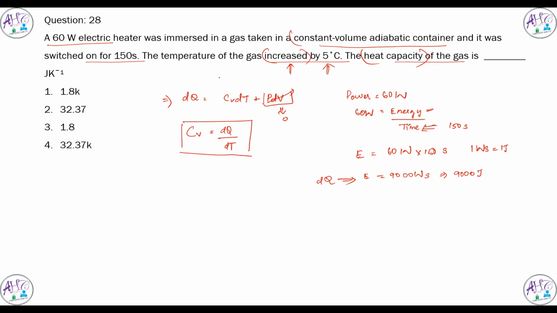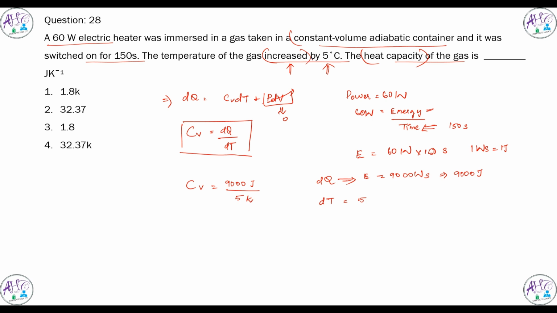They have only said increase. So your change in temperature is going to be 5 degrees Celsius, which is 5 only. So your heat capacity is equal to 9,000 joules divided by your change in temperature, which is 5 Kelvin.